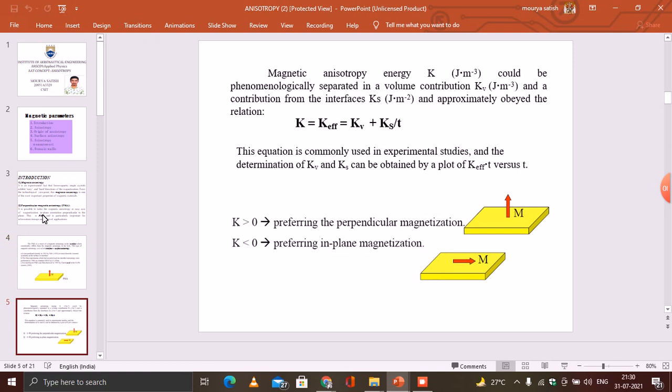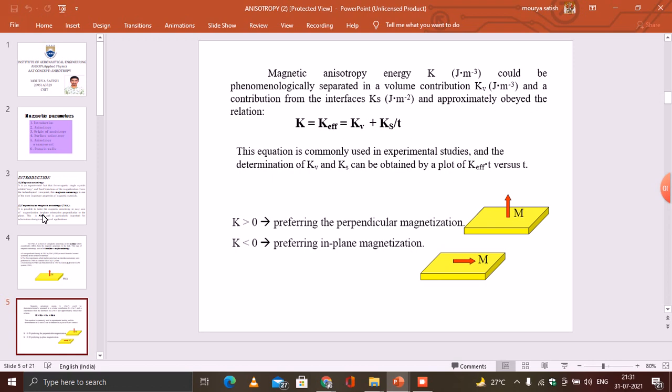Magnetic anisotropy energy K, in joules per meter cubed, could be phenomenologically separated into a volume contribution Kv, in joules per meter cubed, and a contribution from the interfaces Ks, in joules per meter squared, and approximately obeys the relation K effective is equal to Kv plus Ks by t.